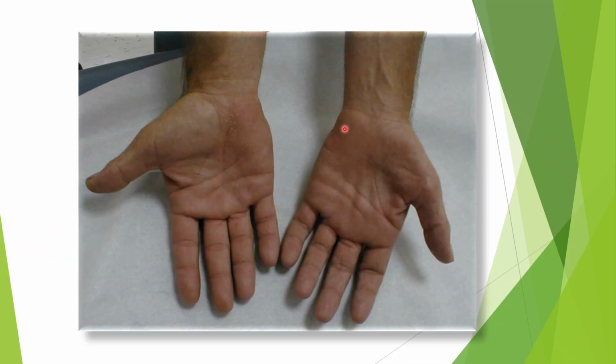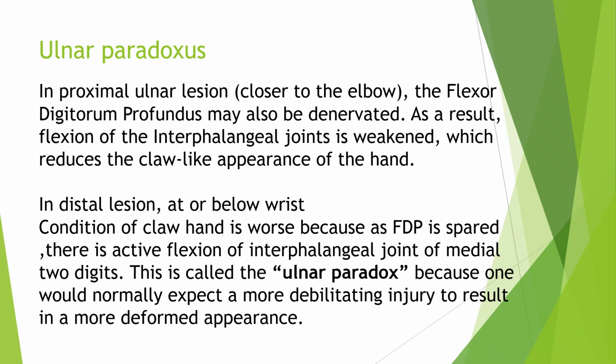This image shows wasting of the hypothenar muscles, indicating ulnar nerve injury. Note this concept called ulnar paradox. Whenever there is an ulnar nerve injury closer to the elbow, the flexor digitorum profundus also gets affected.